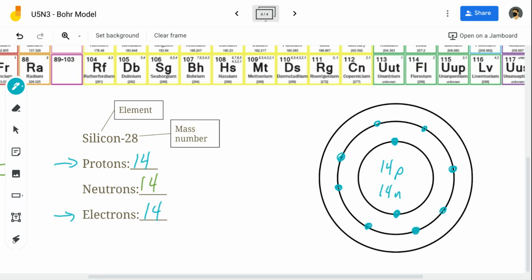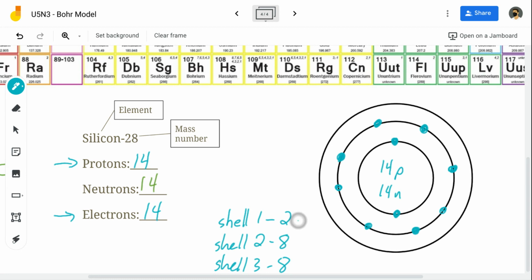And once I get to 10, now this second shell is also filled. So remember that the first shell can hold 2, the second shell can hold 8, and the third shell can hold 8.